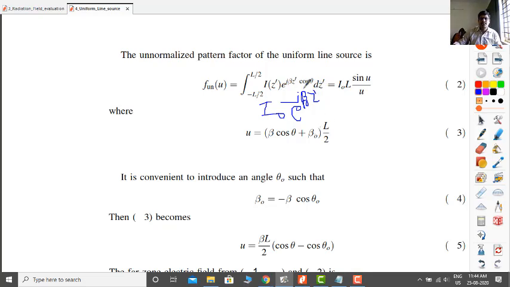Then when you add these two terms together, the common factors are j and z prime, and the rest of the parameters are beta 0 plus beta cos theta.